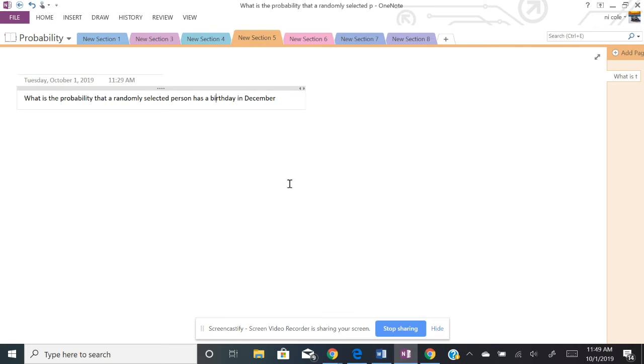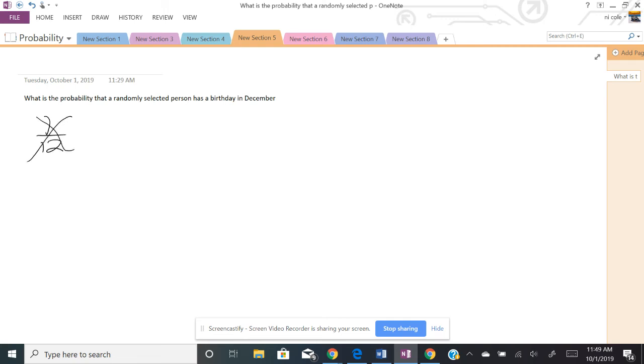What is the probability that a randomly selected person has a birthday in December? Okay. Every year I go with the assumption that a person is most likely to be born in December as any other month, and so I come up with the answer 1/12 because there's 12 months in a year, and that is wrong.